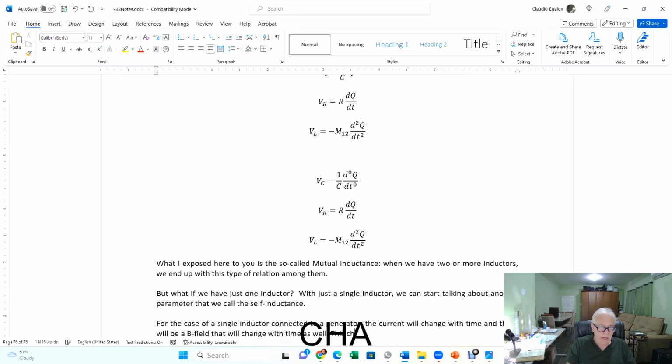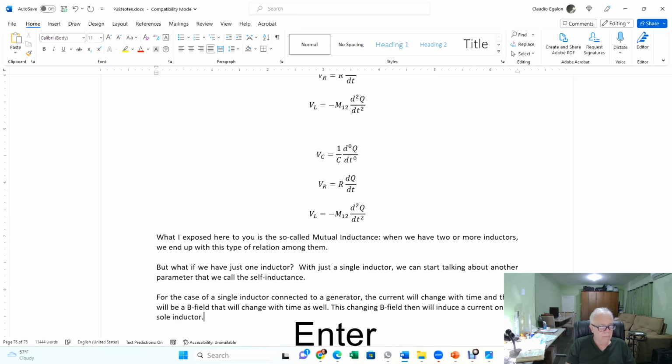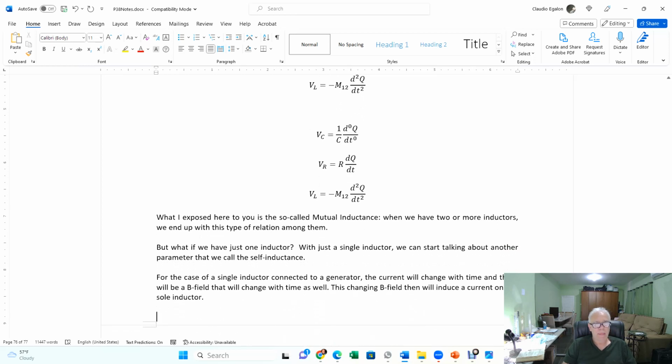This changing B field then will induce a current on itself, on this sole inductor. Hence the name self-induction.